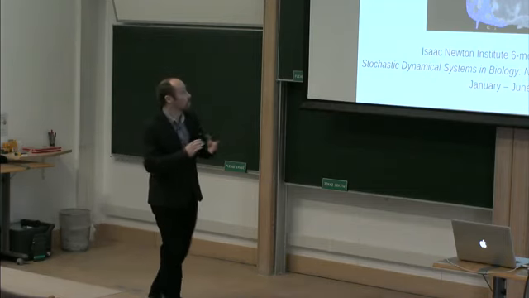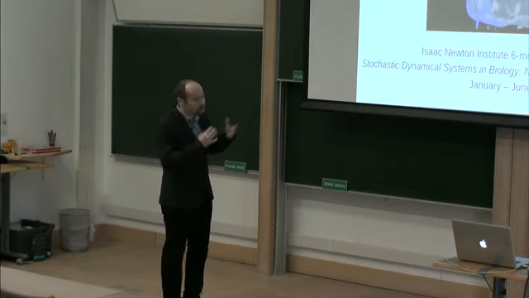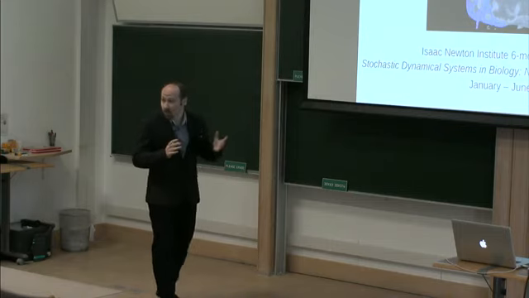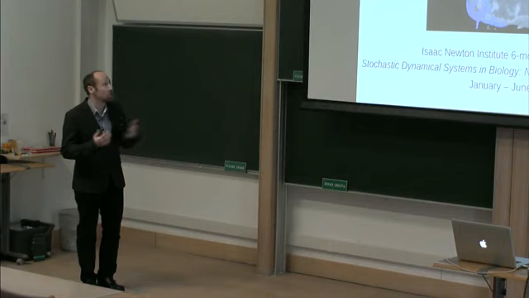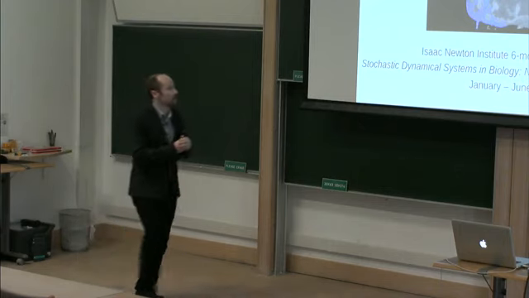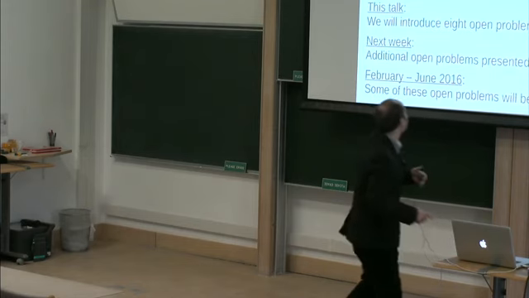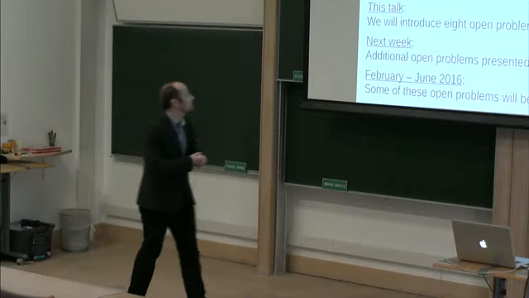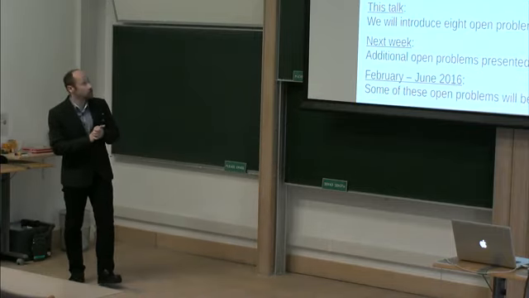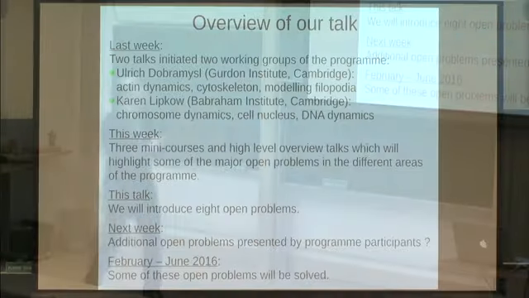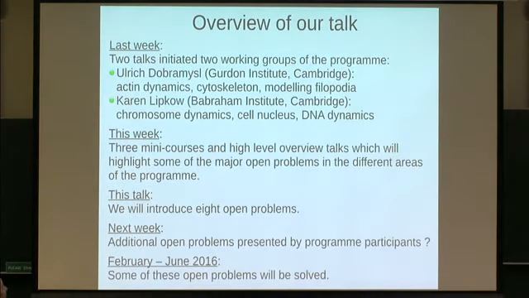Now, this is a fast evolving research field, so in order to be up to date, we decided to dedicate the first few weeks of this program just to discussing what actually are these open problems in the area. So this program already started 2 weeks ago, and last week we had the first 2 talks which initiated 2 working groups of the program. Our 2 Cambridge-based participants, Ulrich and Karen, are both lab-based, and they were discussing open problems which are rooted in biology.